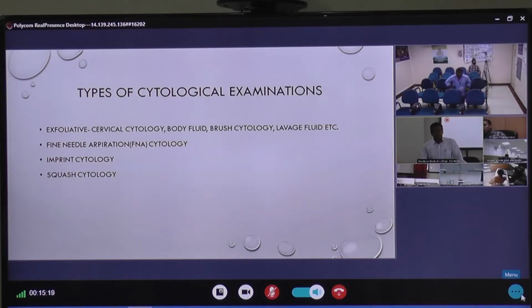In fine needle aspiration, the material is collected by fine needle and syringe, sprayed on the slide, and stained subsequently. Imprint cytology is usually done while doing a true-cut biopsy, core needle biopsy, or bone marrow biopsy. The core of tissue is placed on the glass slide, an imprint is taken, and that is stained subsequently. And squash cytology is used in connection with brain tumors.